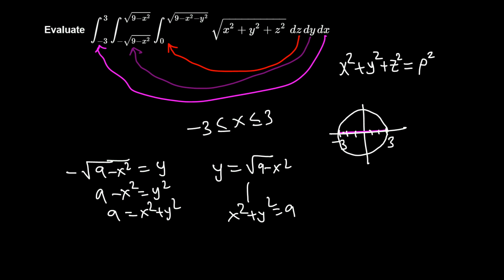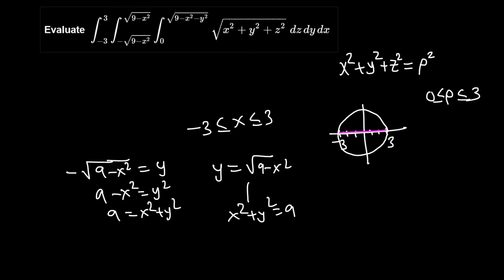So we already knew the limits for rho. Rho is 0 to 3. In fact, we can write the solid in this way.